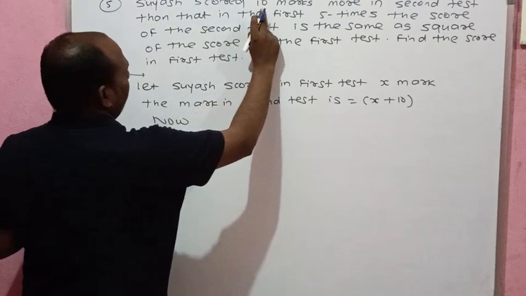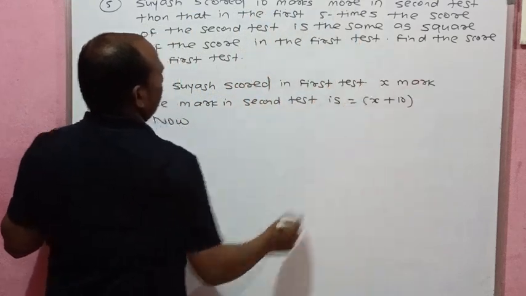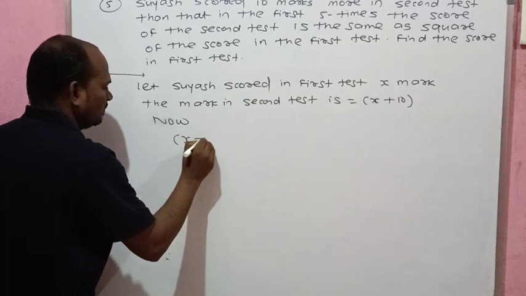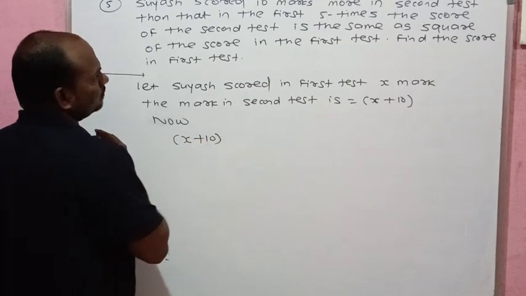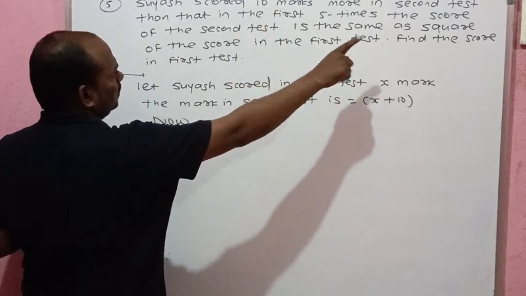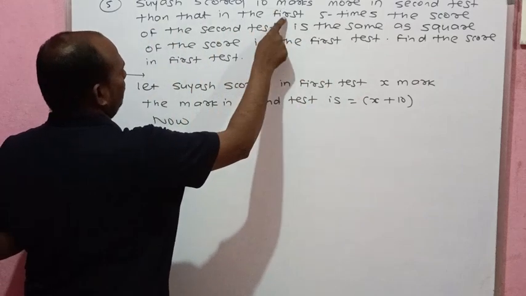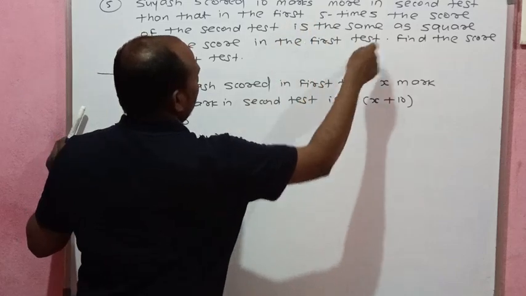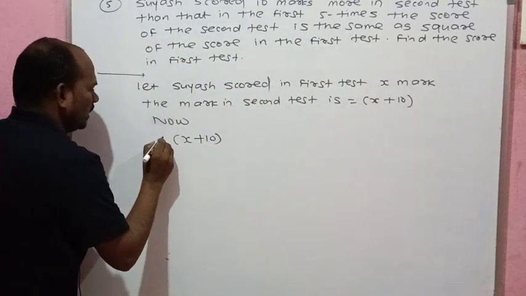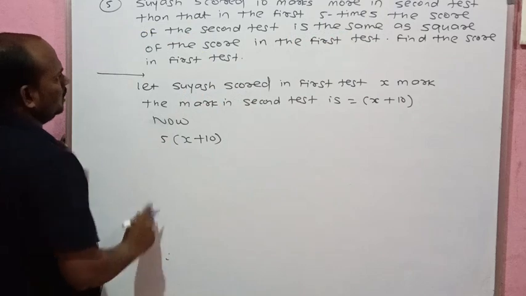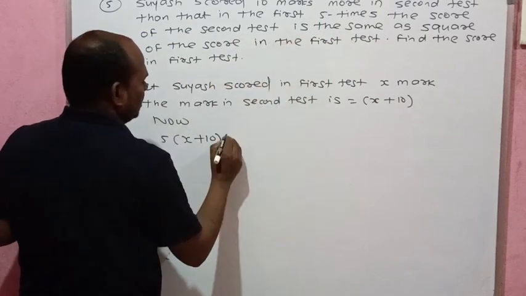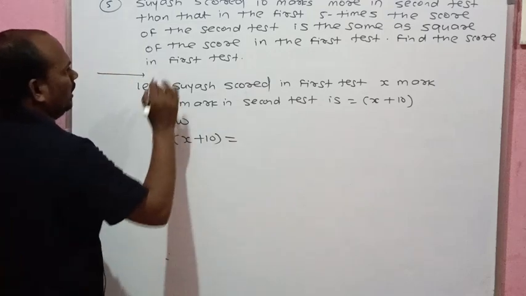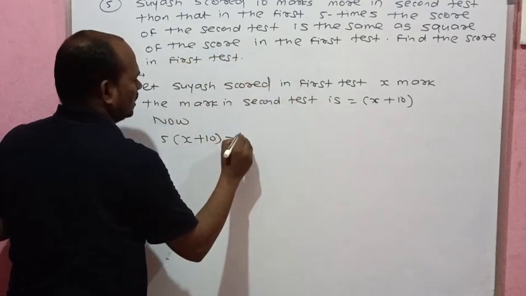Suyesh scored 10 marks more in the second test, that is x plus 10. 5 times the score of the second test is the same as the square of the score in the first test.